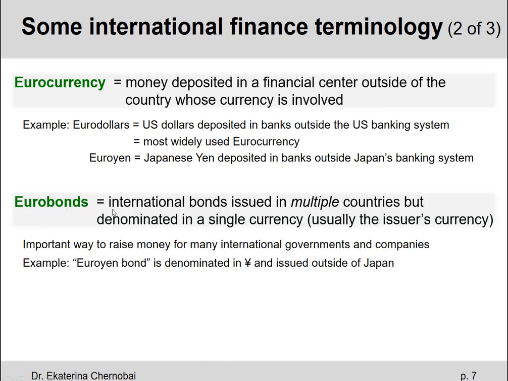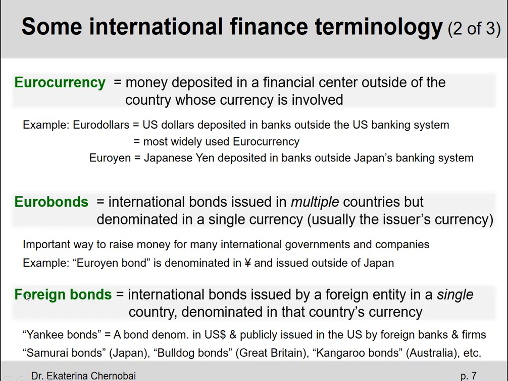Then similarly confusing are the next two terms, euro bonds and foreign bonds. So again, in the term euro bonds, the part euro has nothing to do with Europe. It again means the same thing as in euro currency, being outside of the country. So euro bonds and foreign bonds are both bonds. Remember what a bond is?